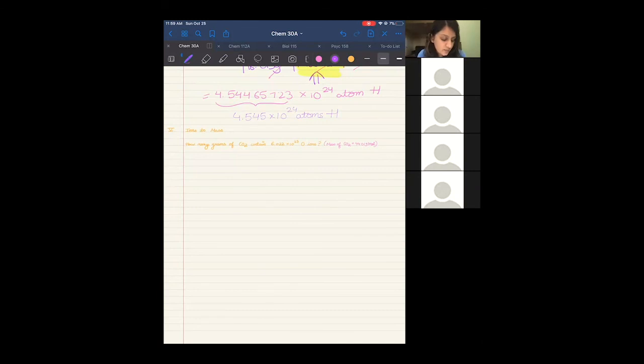The question is: how many grams of CO2 contain 6.02 multiplied by 10 to the power of 23 oxygen ions? This is kind of the same as the one we just did, but it is the opposite. So try to solve this problem on your own, and then in my next session on Wednesday, I will solve it with everybody. This will kind of be like our icebreaker maybe.